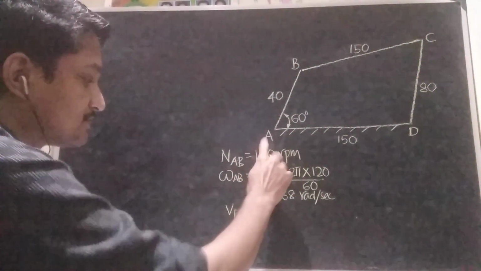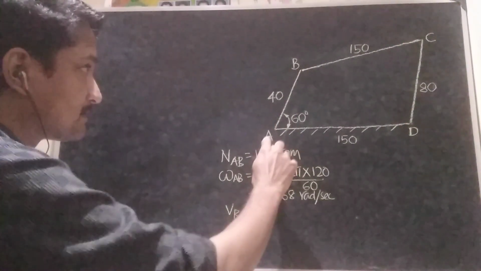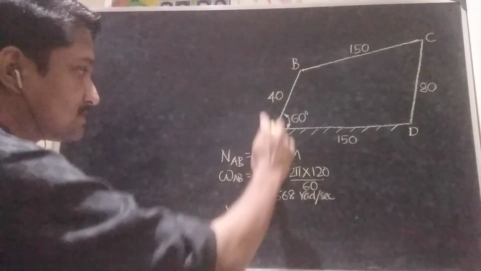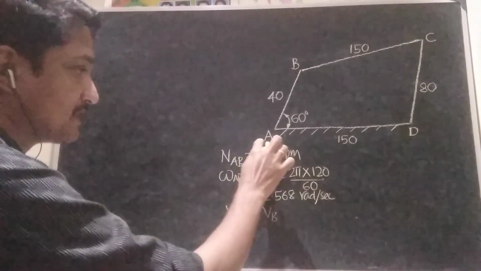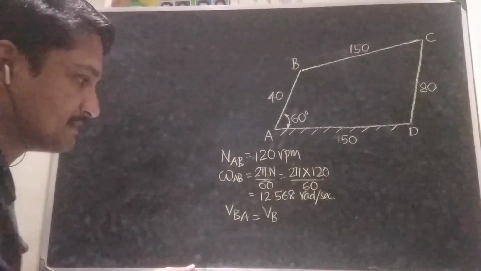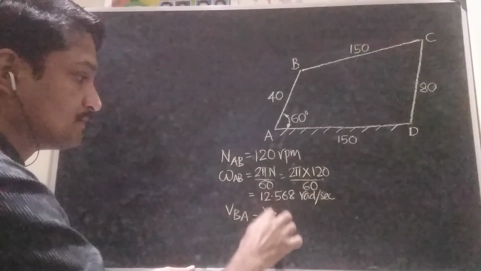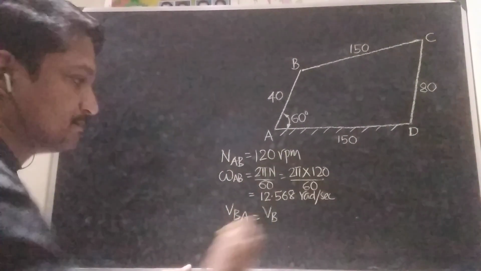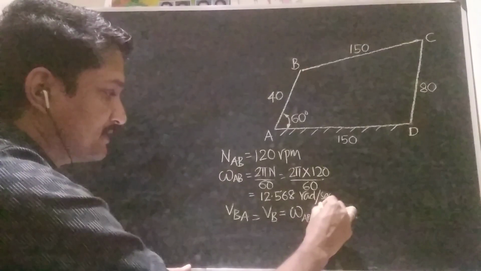Here A is fixed, so the relative velocity of B with respect to A is equal to the absolute velocity of B, and that's equal to omega AB into AB.